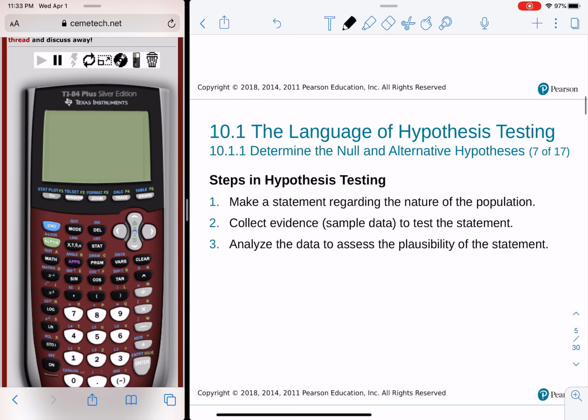So what are the steps involved in hypothesis testing? Well, of course, the very first step is to make a statement regarding the nature of the population. In other words, make a claim about the parameter. The next step is to collect evidence, and evidence is simply sample data. And where does the data come from? The data is going to come from the population.